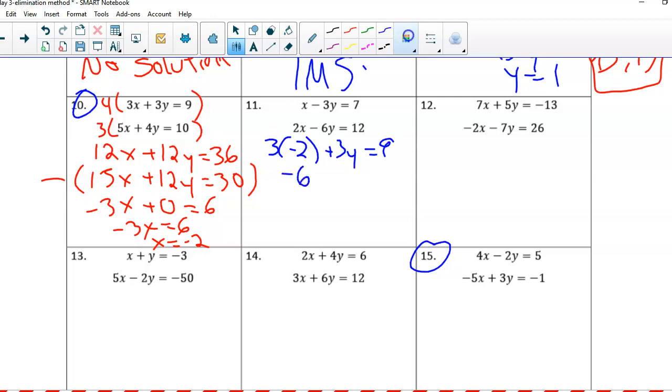So negative 6 plus 3y equals 9. How do we solve for y? Add 6 to both sides. What is y? 5. So our solution is then negative 2, 5.